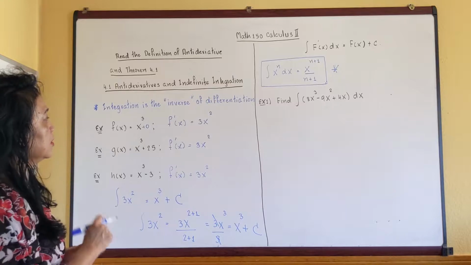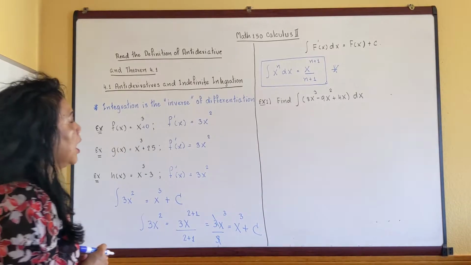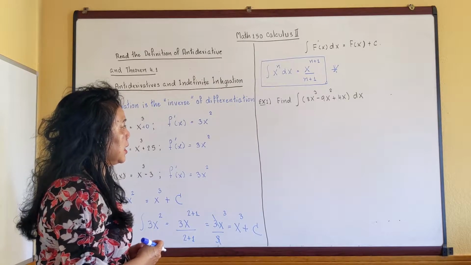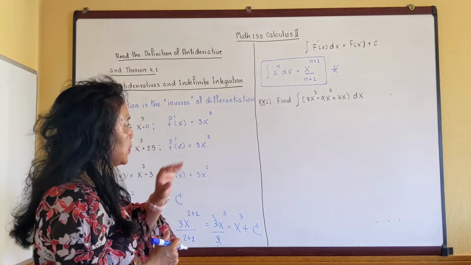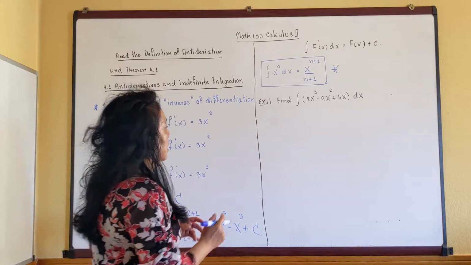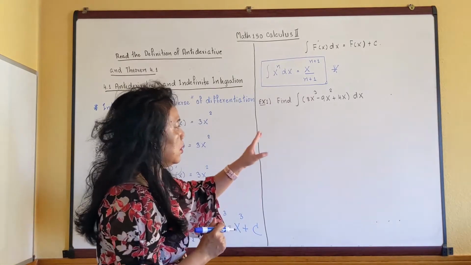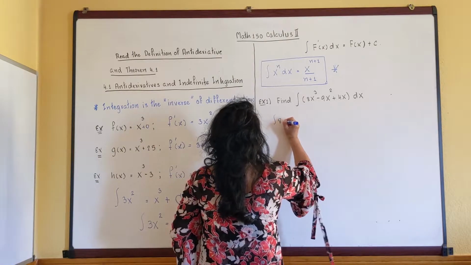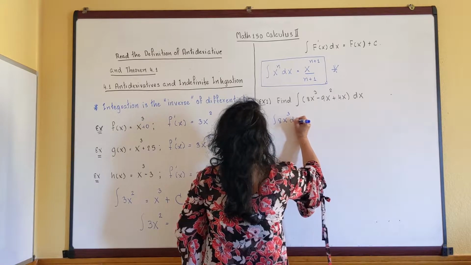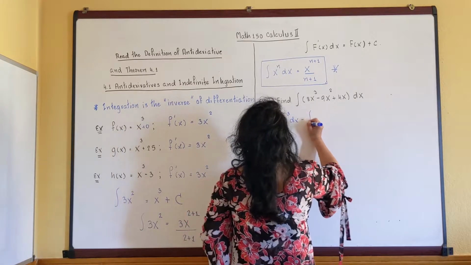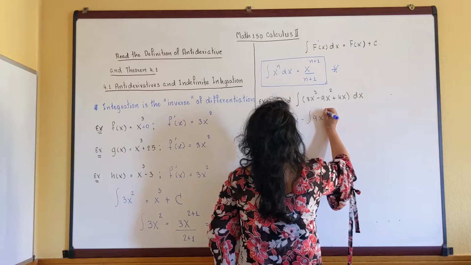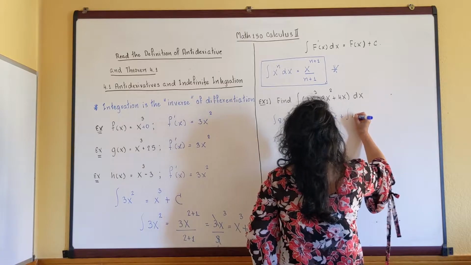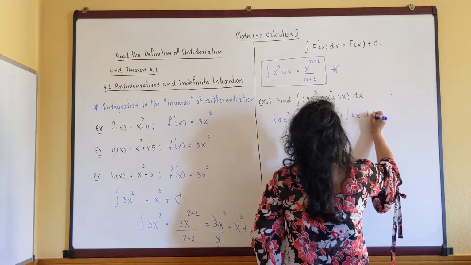So let's look at the first example here. I have an integral of 8x to the cube minus 9x squared plus 4x dx. This is 3 terms. I'm allowed to take an integral of each term. So I'm going to have an integral of 8x to the cube dx minus an integral of 9x squared dx plus an integral of 4x dx.